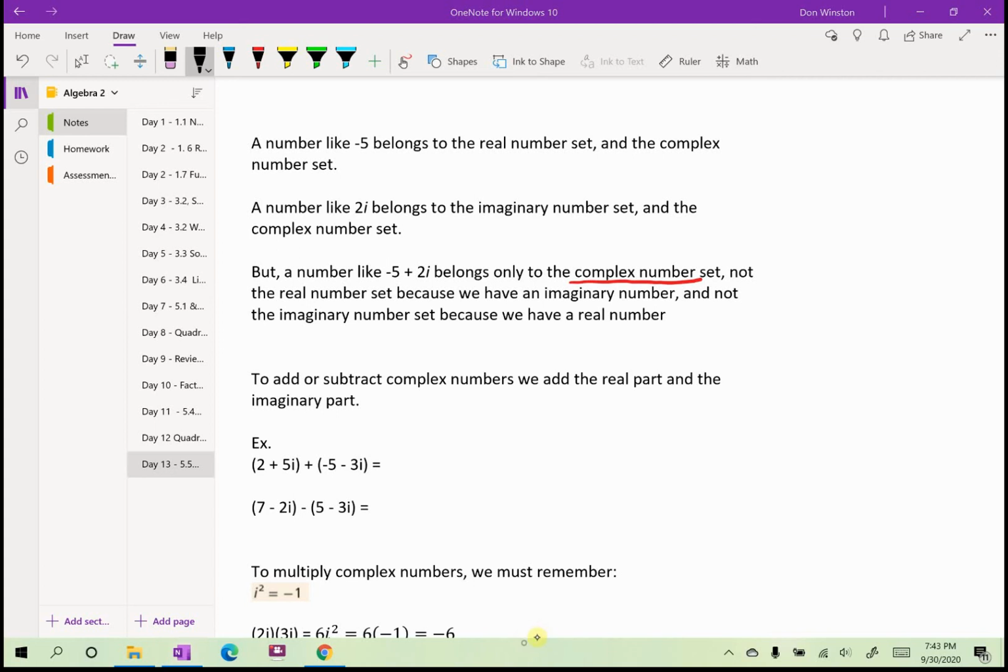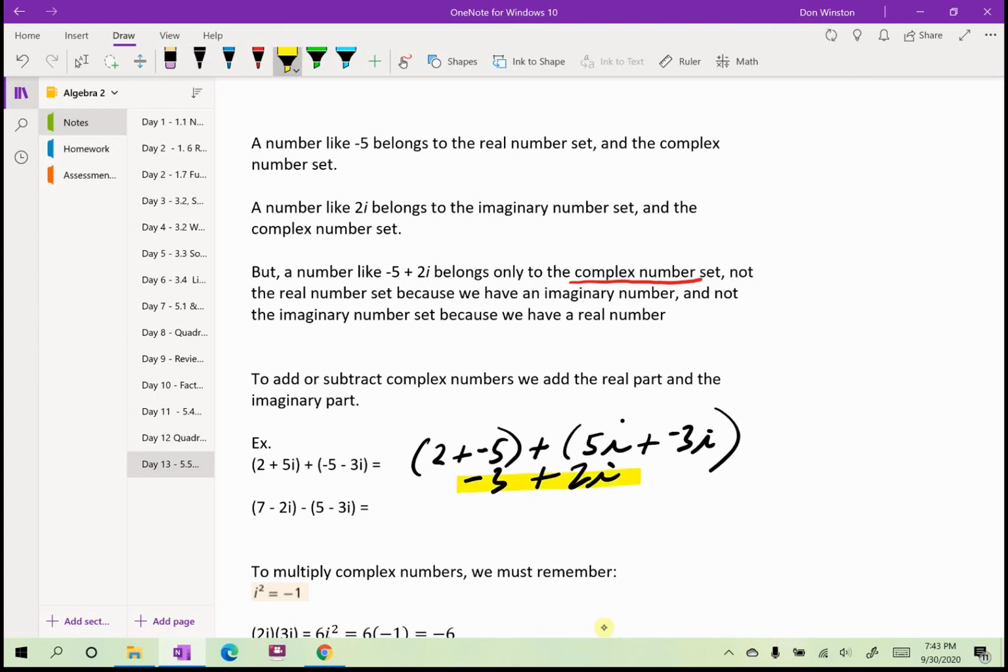So we add the real part, so this is going to be 2 plus negative 5, plus 5i plus negative 3i. Or 2 minus 5, which is negative 3, plus 5i minus 3i, which is 2i. Okay, so answer. Done. Add the real part and the imaginary part.